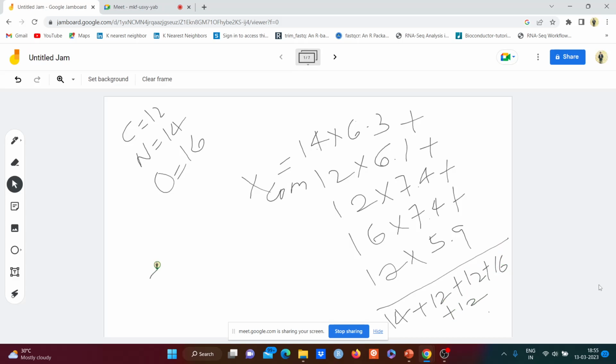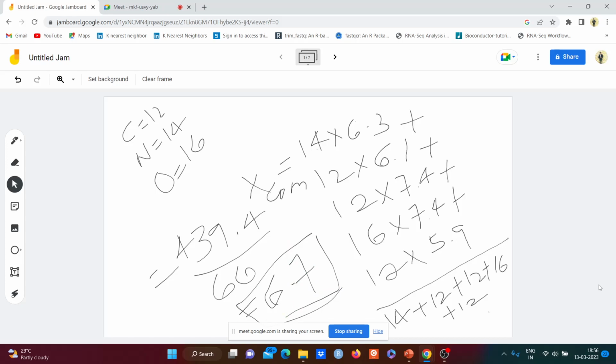So the average value will be 439.4, I think, divided by 66, which gives you around 6.7 as the answer.